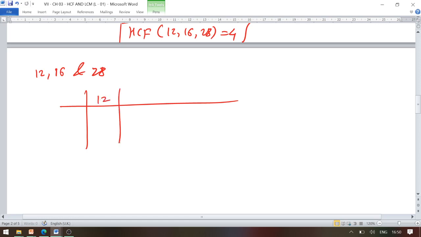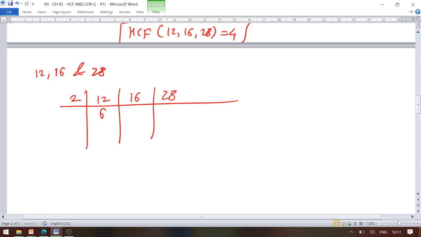So 12, 16 and 28 we will write in one table. Firstly, by observing the numbers, which are the common prime divisors of 12, 16 and 28? It is 2, because 2 divides all three numbers together at once.